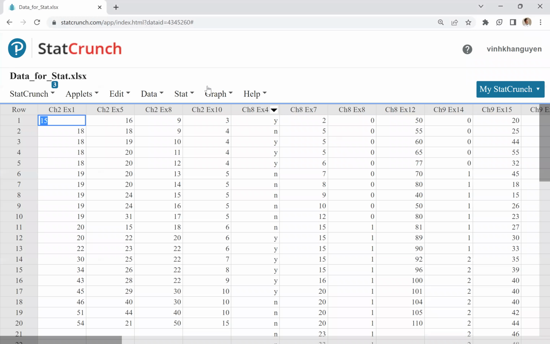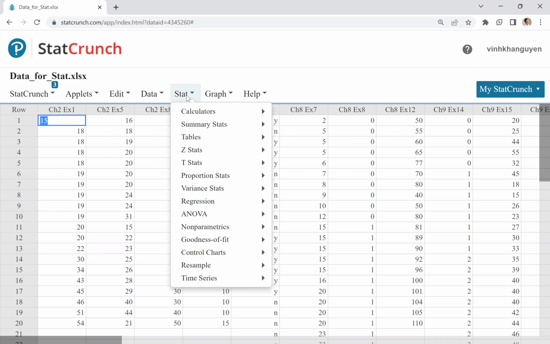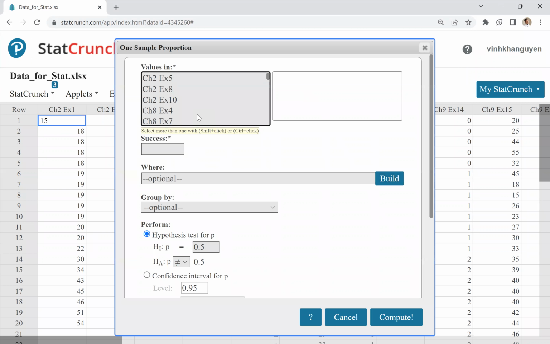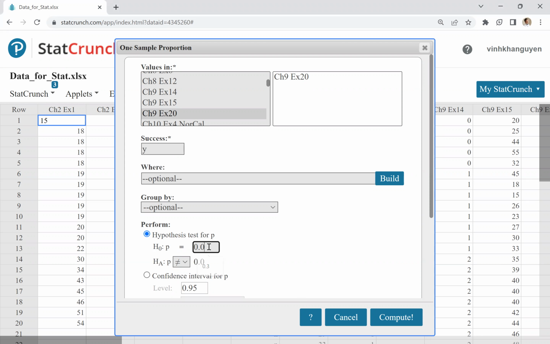Okay. In the second problem, we have the raw data, so we've got to use Stat, Proportion Stats, One Sample. With data. The data is in Chapter 9, exercise 20. Success is going to be yes, 0.03, and it is less than.